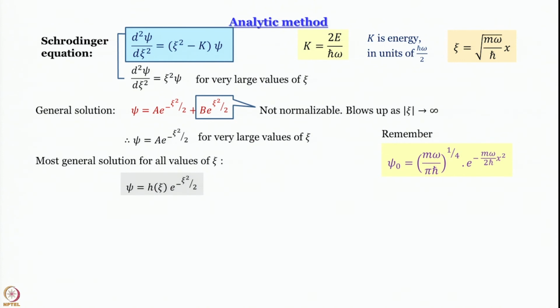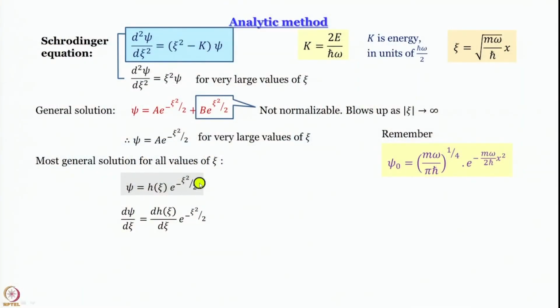But what is the guarantee that the pre-Gaussian factor is a constant? It is a constant for large values of xi, but not necessarily for all values of xi. So, to keep it very general, we write it as h function of xi. We will not consider that it is a constant, let us say it is a variable. What it is, we will see.